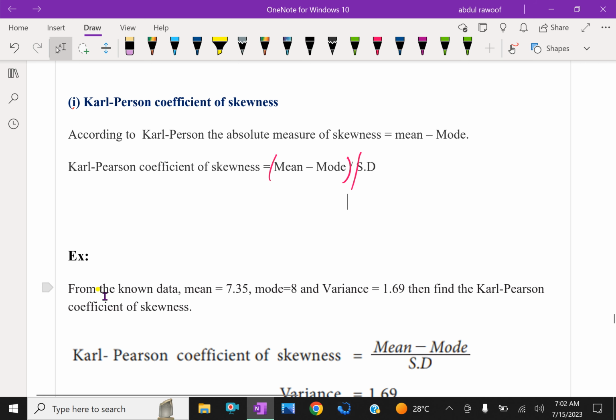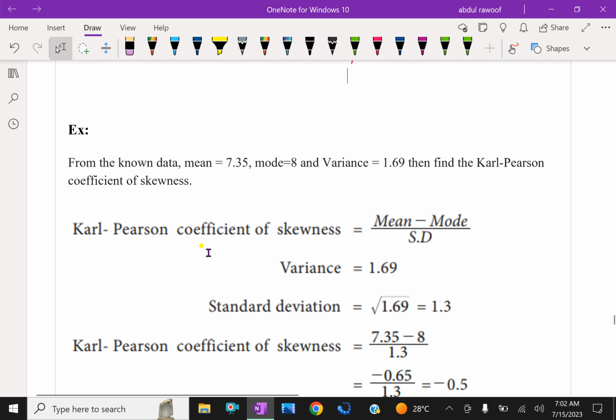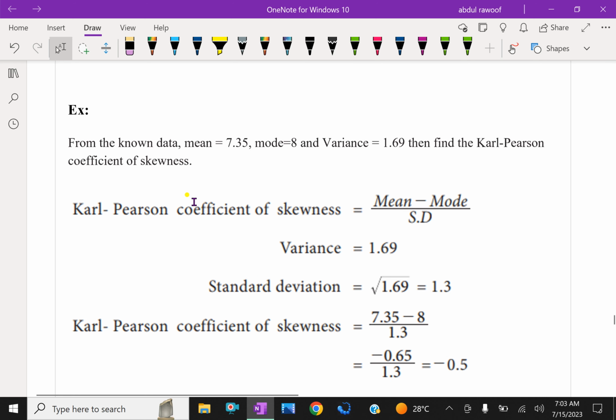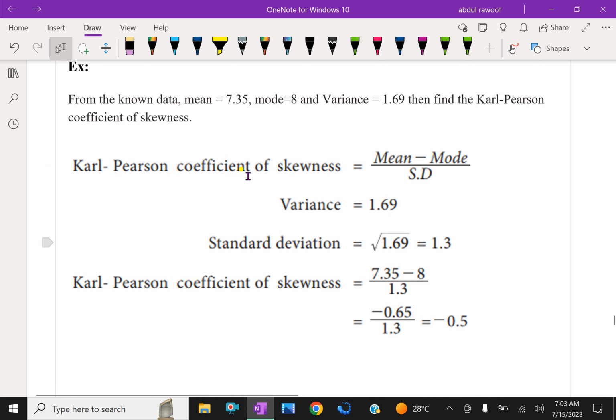Example: from the known data, mean is 7.35, mode is 8, and variance is 1.69. Then find the Karl Pearson coefficient of skewness. We know that it is mean minus mode divided by SD, and variance is given as 1.69.